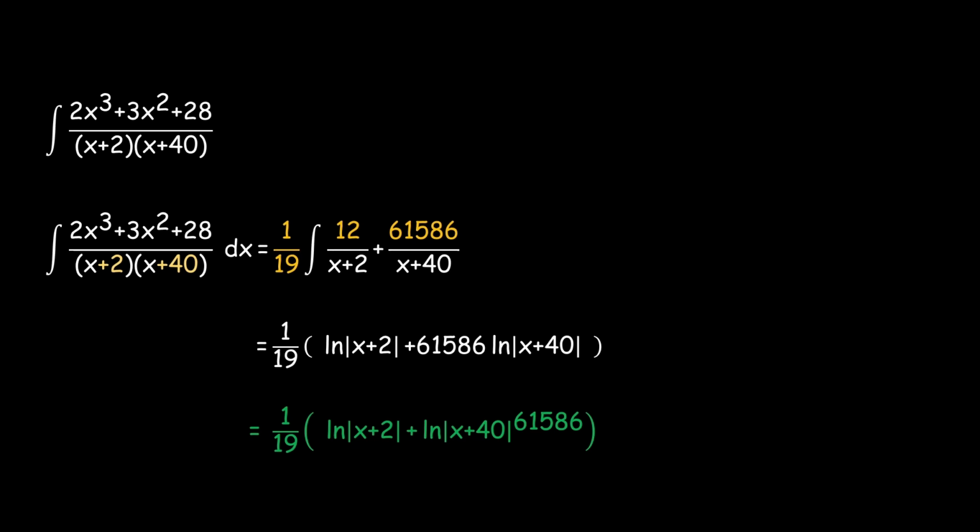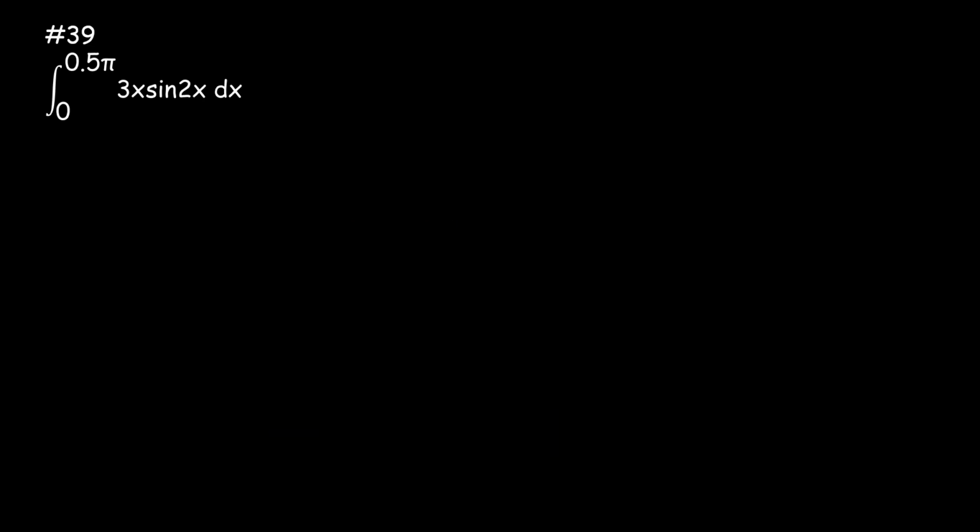So this will be natural log of (x plus 2) times (x plus 40) raised to the power 61,586.